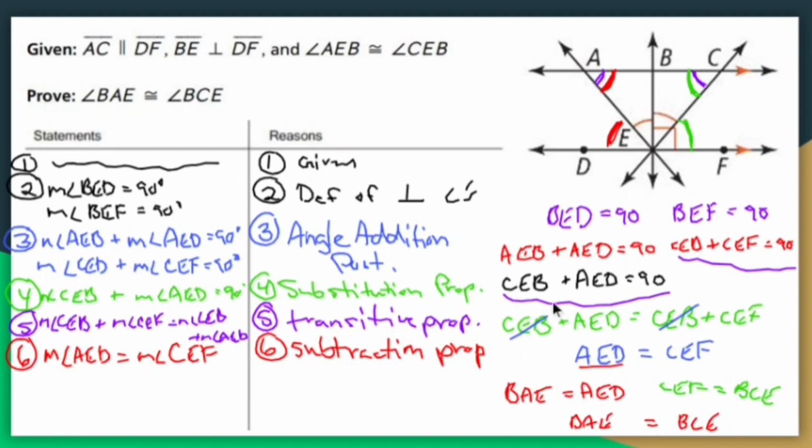That led me to go back to the parallel lines information and allowed me to say alternate interior angle stuff. So that was the measure of angle BAE was equal to the measure of angle AED, and the measure of angle CEF is congruent to the measure of angle BCE.